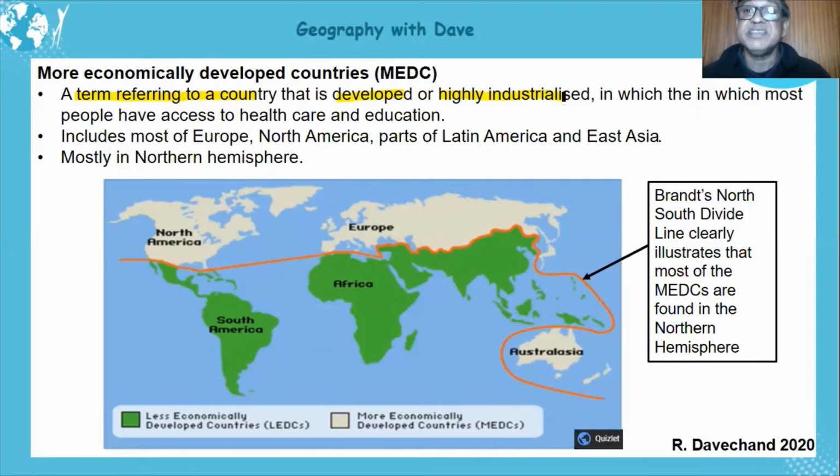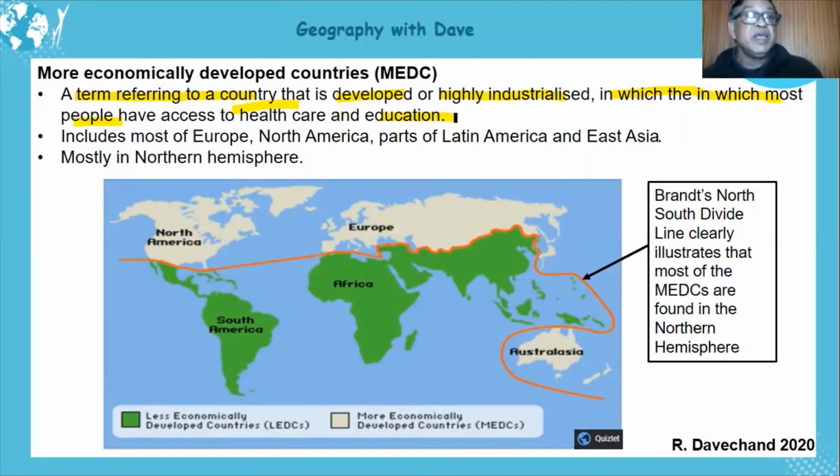Lots of technology use, tertiary activities, factories, but it's not so dependent on the primary sector, although the primary sector is important. They process their goods, sell them at higher prices, make big money, and most people have access to healthcare and education, etc.